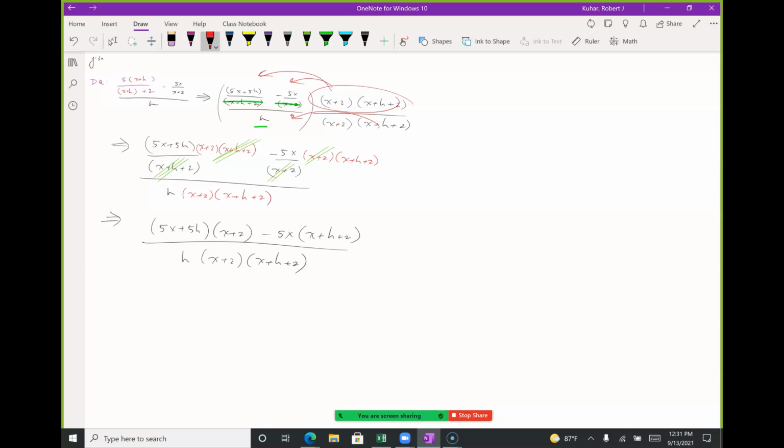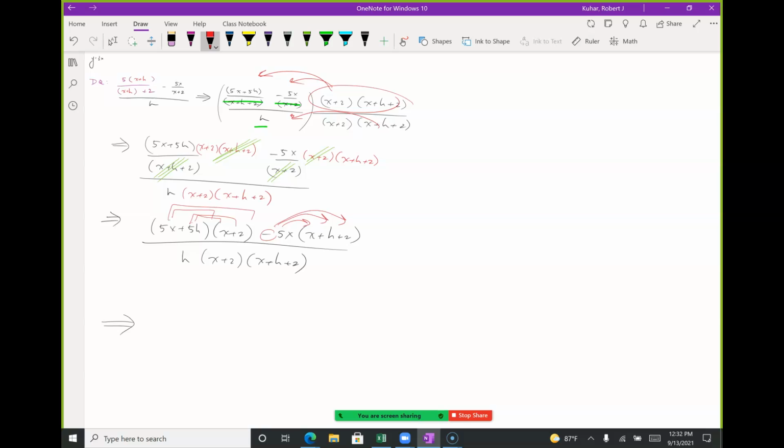So now you can really see that everything I've done along the way is so simple, and I'm just trying to stay organized and clean and neat about things. And I don't care how many pieces of paper it takes, but now I'm going to start to distribute here, here, here, and then the negative.